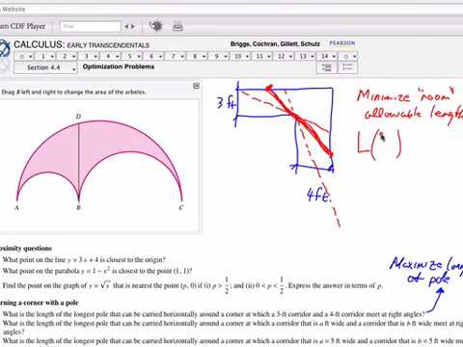So really, the way to go here is theta. We're going to name this angle right here theta. And we're saying which angle gives us the minimum amount of length, and that's the longest pole that we could get around the corner.